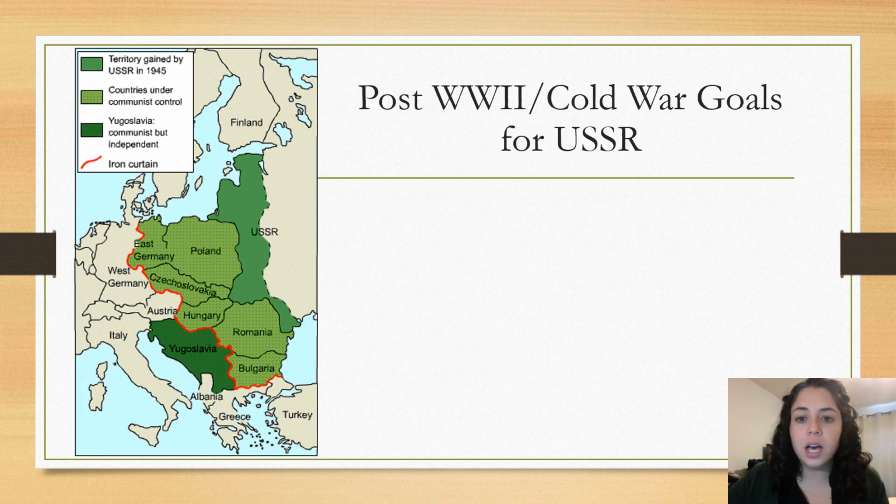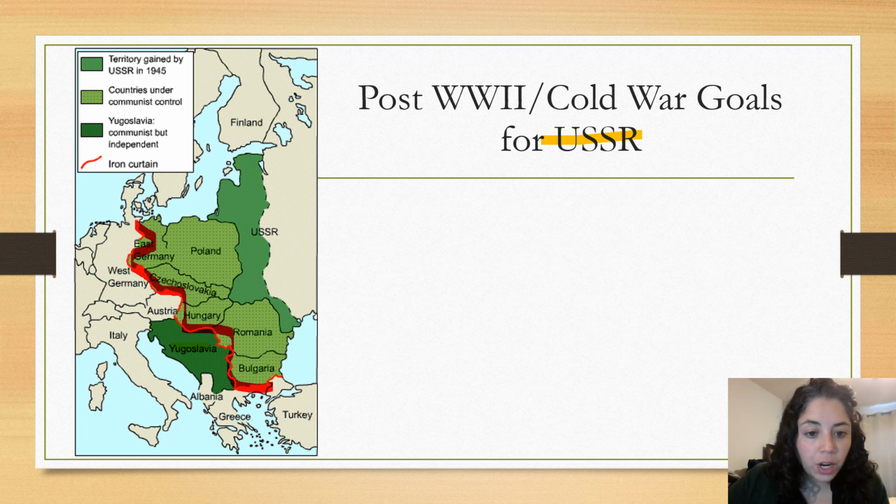But what does the Soviet Union want? What are their goals? We're going to see this map over here, and in the map you can see part of Eastern Europe. You're going to see some countries that have already changed. You see Yugoslavia, Czechoslovakia, East Germany, you also see the Soviet Union, and then you see a red line drawn in between the green part and the other one.